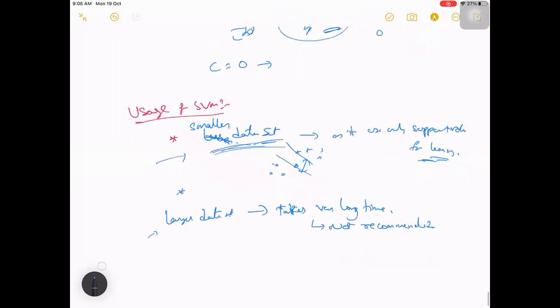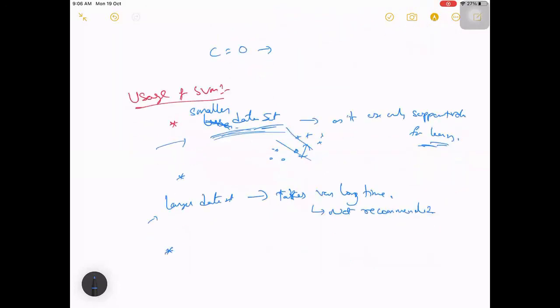One more thing is that accuracy will be high. Because instead of considering all the points, it identifies the support vectors and classifies using them, usually the accuracy of SVM will be pretty high compared to other classifiers. That is one big advantage of using SVM.